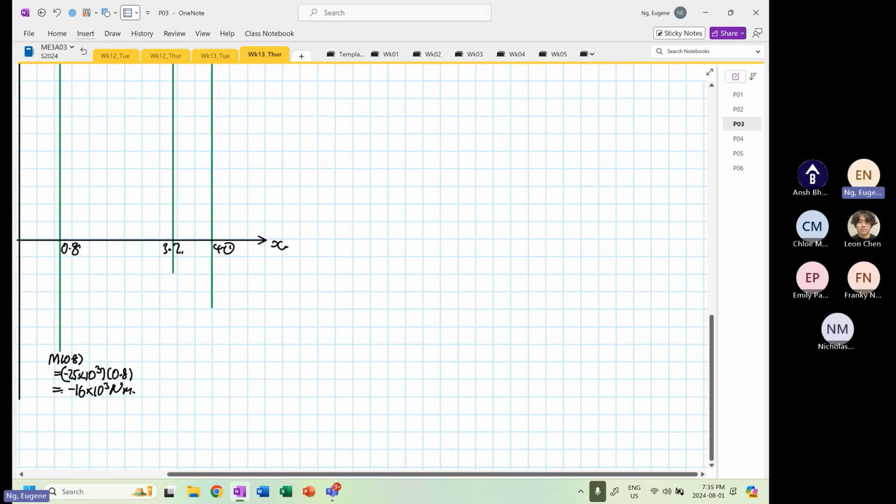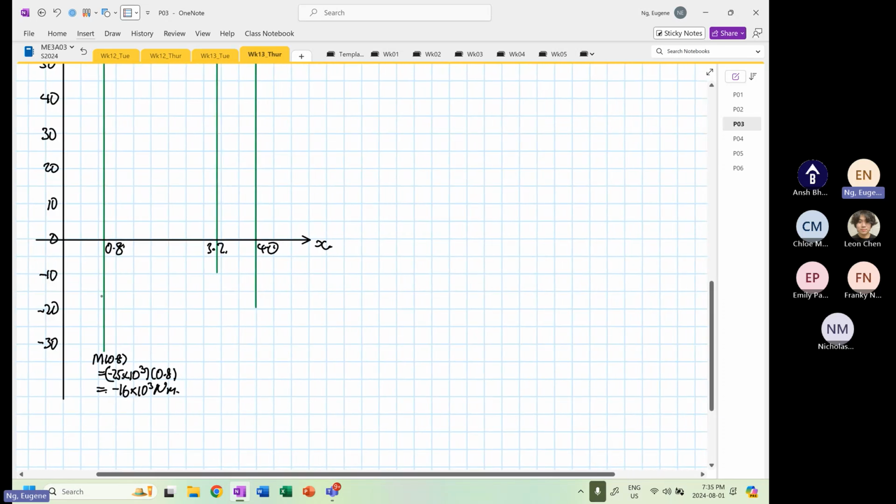So we know up to 0.8, we're going to be at minus 16, which is at this point.